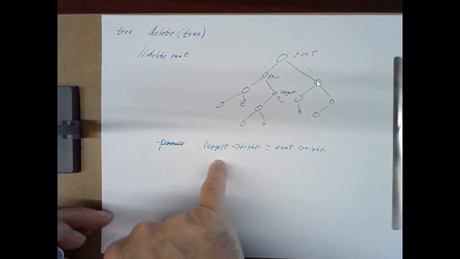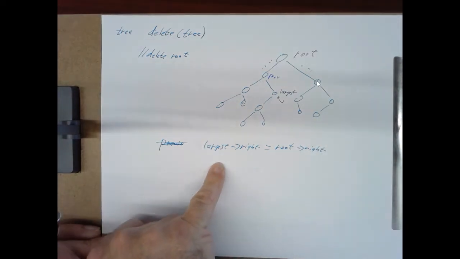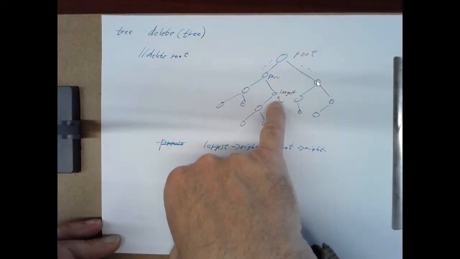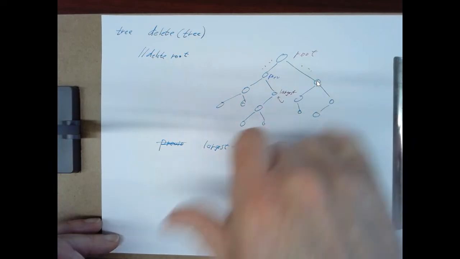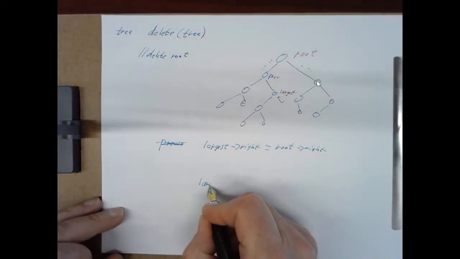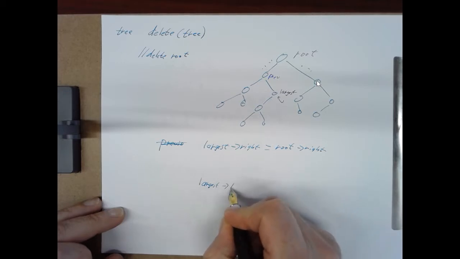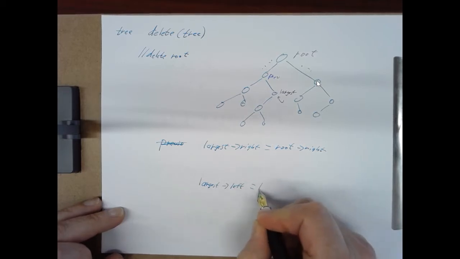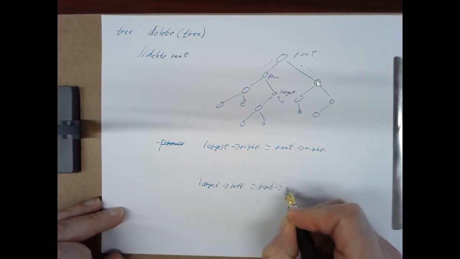And there can't be anything already to the right of largest, because if there was, it would be larger. So largest right is null to begin with, so we can just set that equal to whatever's on the right of the root. And then, since the root's going away, largest left is going to pick up whatever's to the left of the root.